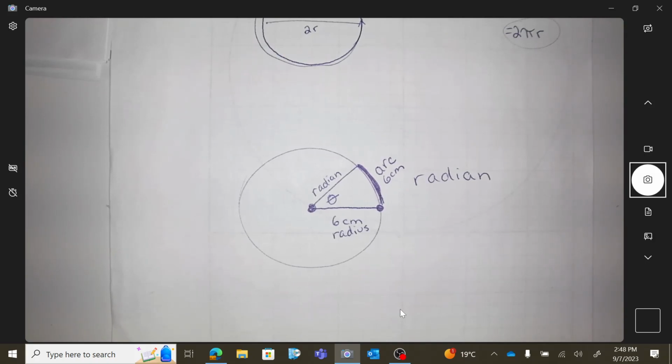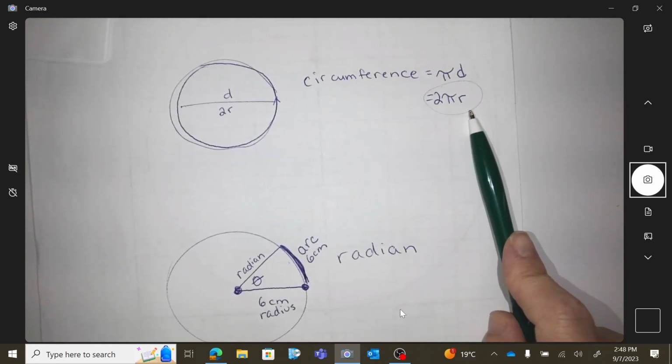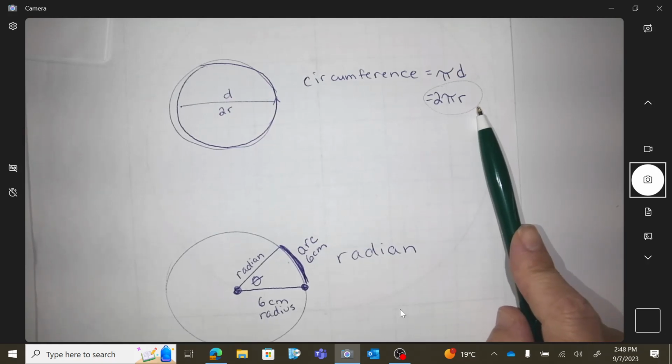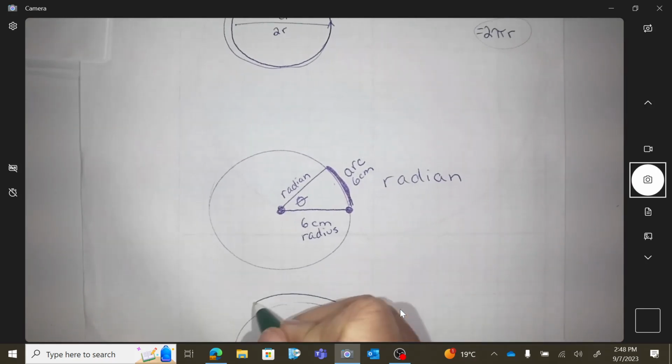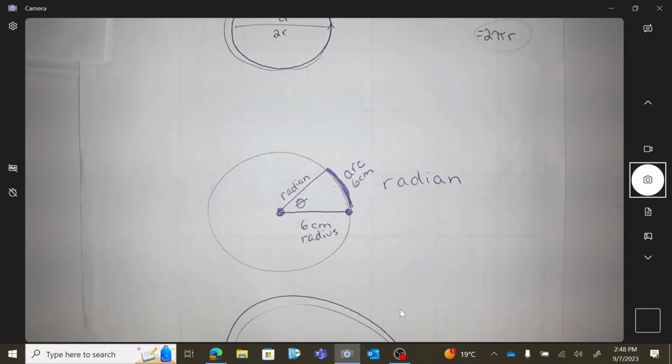So as soon as the arc length matches the radius, that is the definition of a radian measurement of an angle. So 2 pi radius is also going to be the same as 2 pi radians around the circle. So all the way around a circle are 2 pi radians.